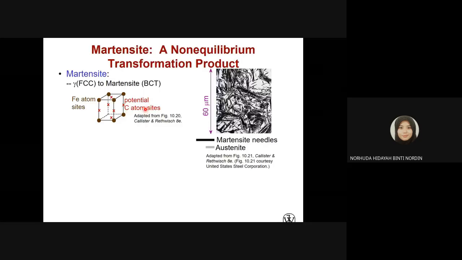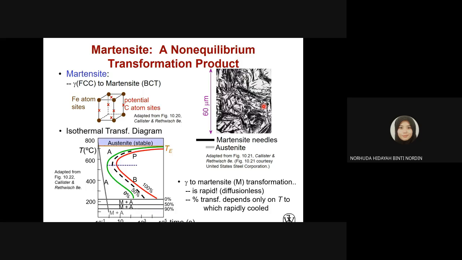Martensite looks like needles, whereas spherodite is circles. Martensite is within the austenite. You can see the gray one is austenite and martensite is the black one. From this graph, you can see that this steel is very hard, because there's a lot of martensite.